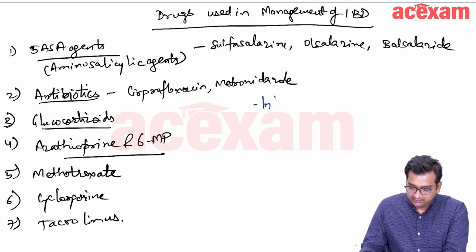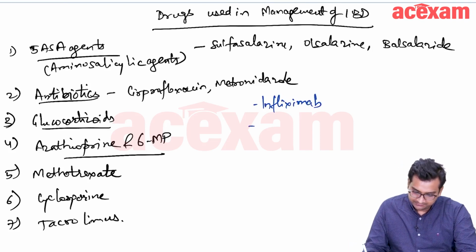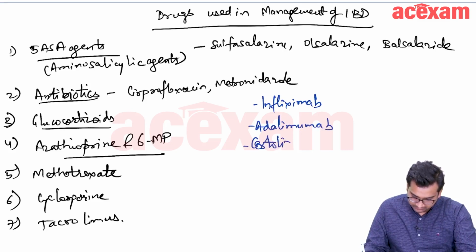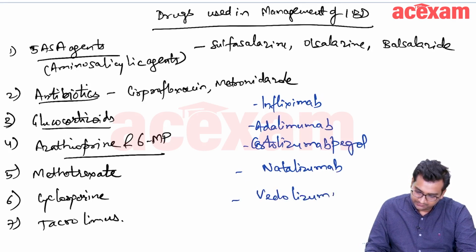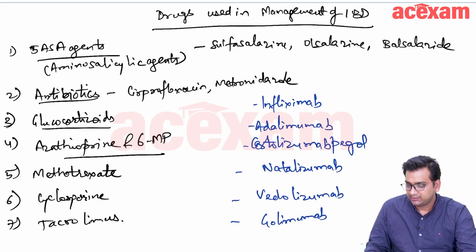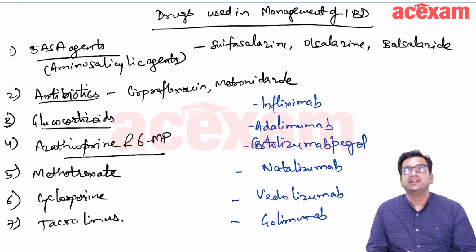Their names are infliximab, adalimumab, certolizumab pegol, natalizumab, vedolizumab and golimumab. These are the names of the monoclonal antibodies which are being used in management of IBD.